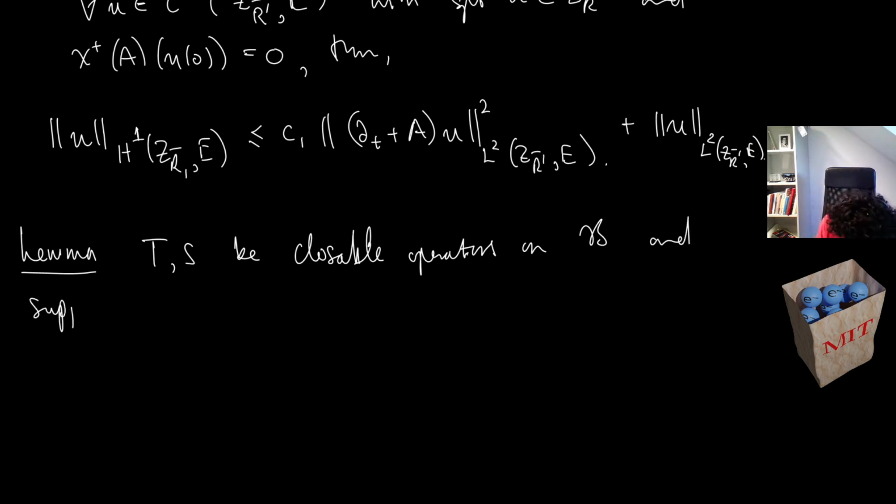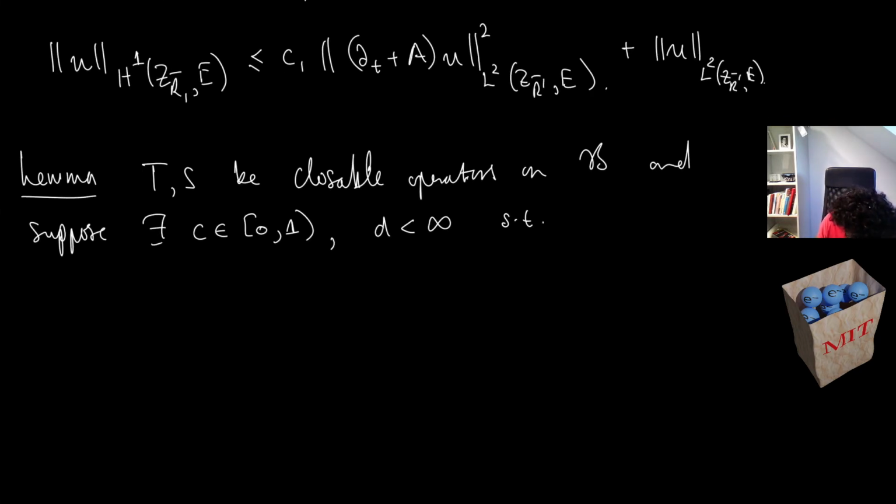And suppose there exists a constant c in (0, 1), and a finite constant D, such that the norm of T u is less than or equal to c times the norm of S u plus D times the norm of u.